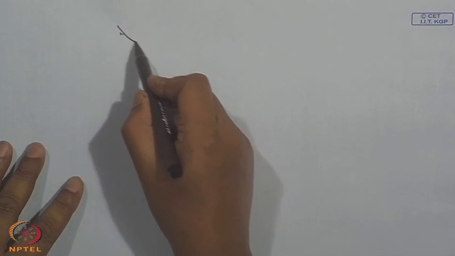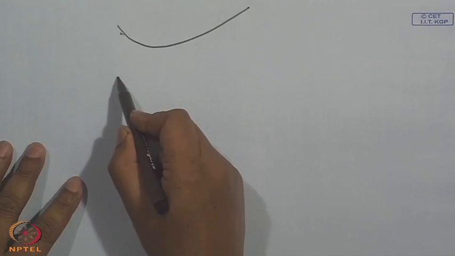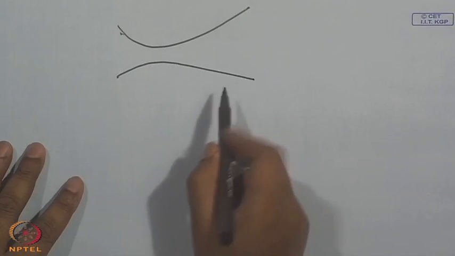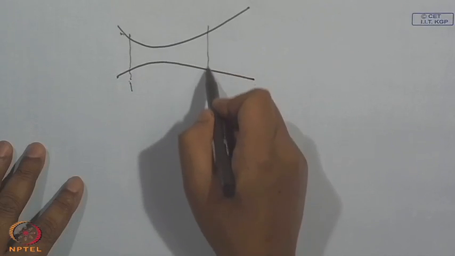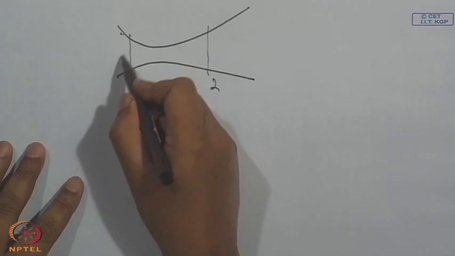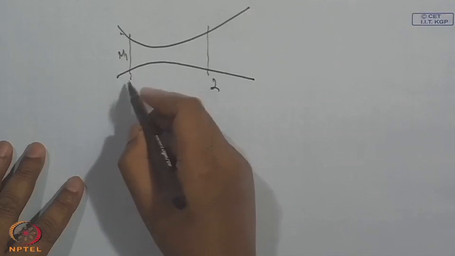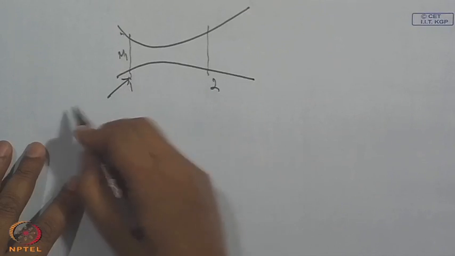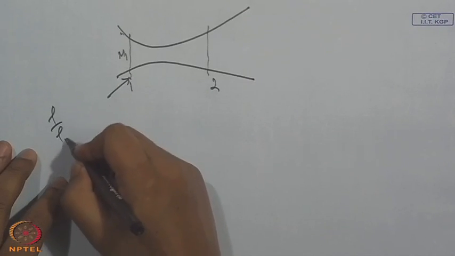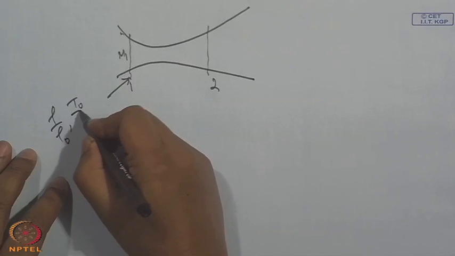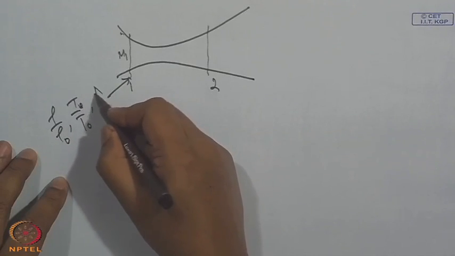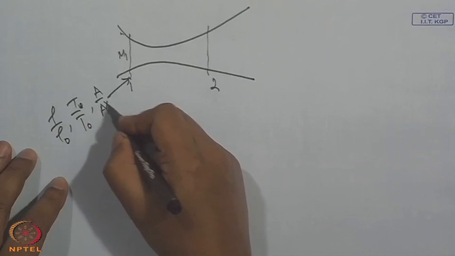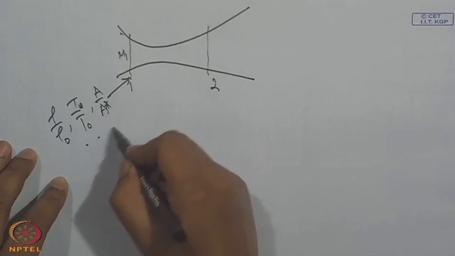So let us say this is station 1 and this is station 2, and we know M 1 here, and this gives us all those parameters: rho by rho 0, T by T 0, A by A star, and any other.